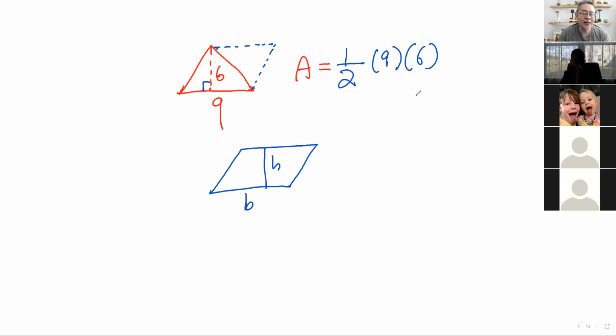It has to be like that. Otherwise, you get it wrong, because we cannot use this length. We cannot use that length. We have to draw a line here perpendicular to the base and use that. So in this case, 6 divided by 2 is 3. 3 times 9 is 27. Okay, all good. Are we good here?